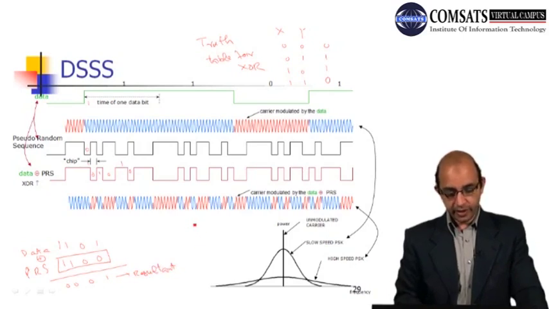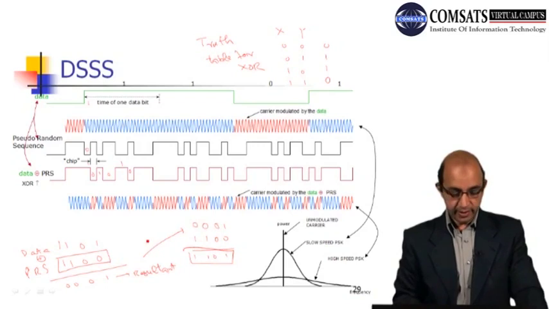If I have to retrieve the data, what I can do, because both the transmitter and the receiver know the pseudo random sequence, is XOR again: 1 0 1 1. So this resultant is transmitted by using some channel, and here we have the receiver.